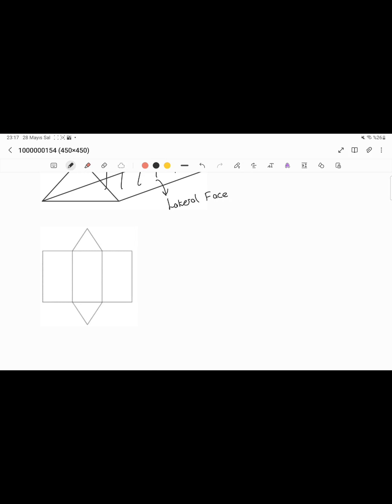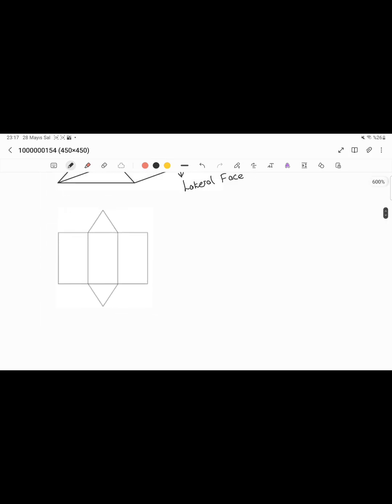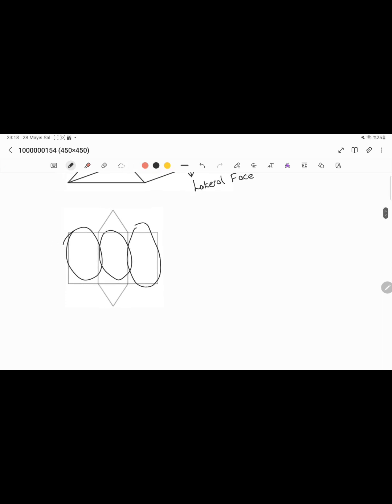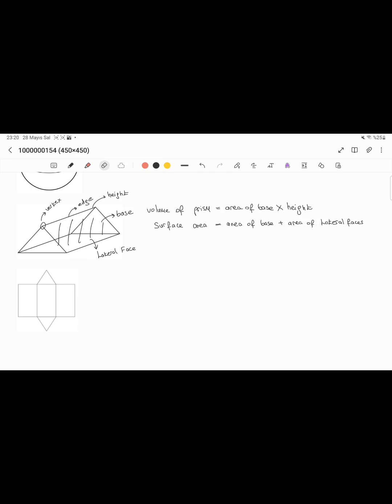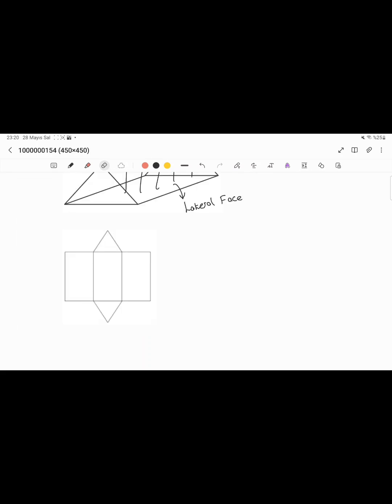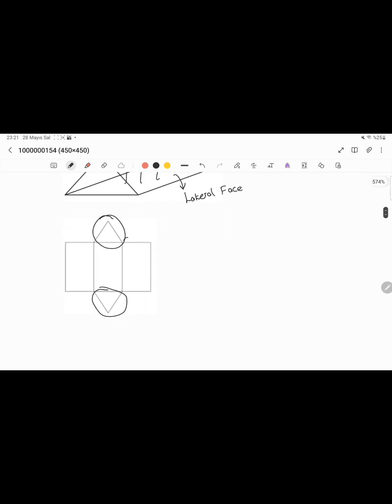Finally, let's look at the expansion of the triangular prism. It has 3 rectangle faces, meaning lateral faces, and 2 triangle bases. For example, if we want to find the surface area of a triangular prism, we have the sum of the area of 2 triangles and the sum of the area of 3 rectangles.